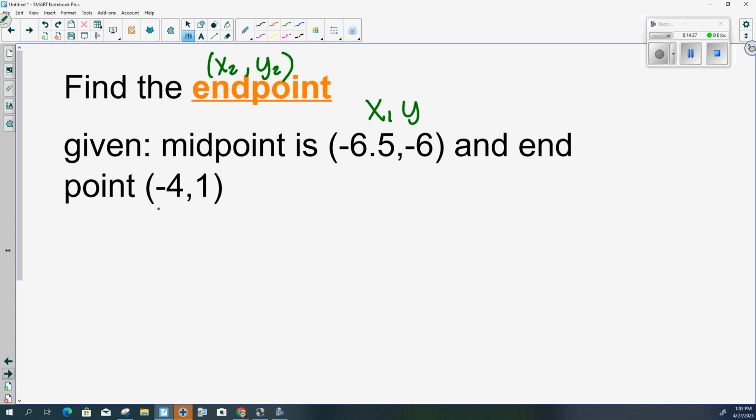This is the end point. This is the comma. Oh, that's confusing. Maybe I shouldn't put it. Yeah, don't put a comma. It looks like a 1. Okay, try to plug those in and solve for the missing end point.